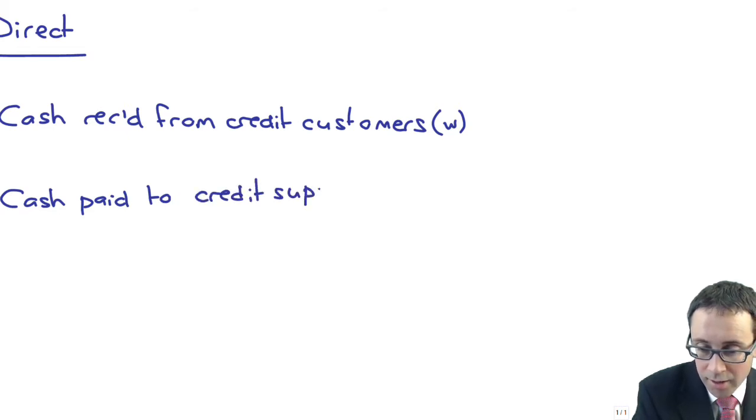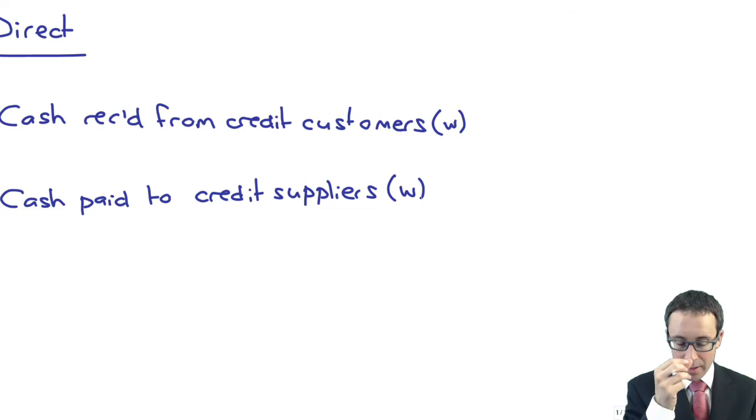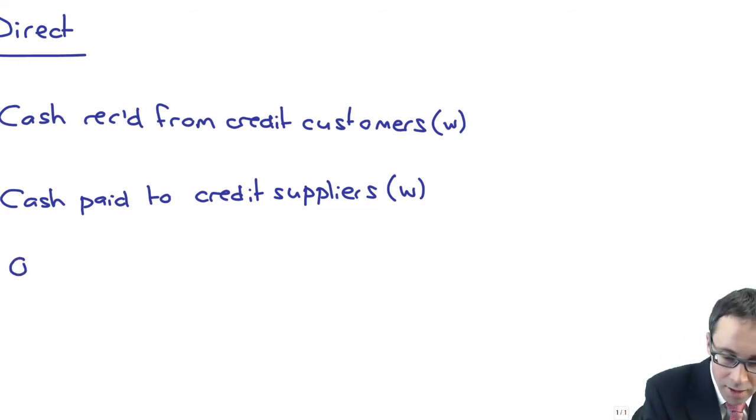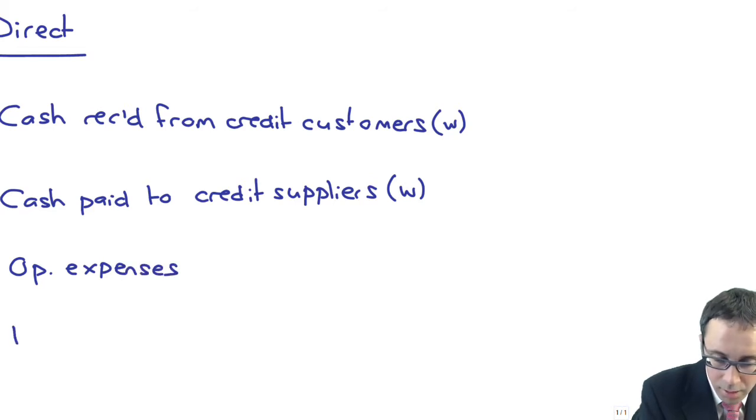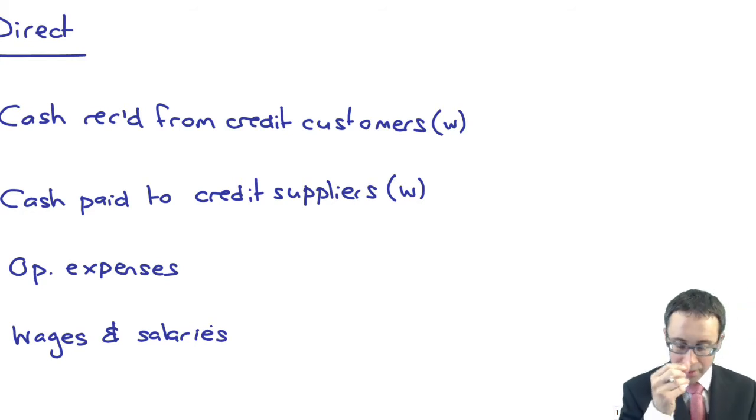To your credit suppliers. So again, we will put that in there as a working. And then what you've got there, is it your operating expenses? And also, is it your wages and salaries?